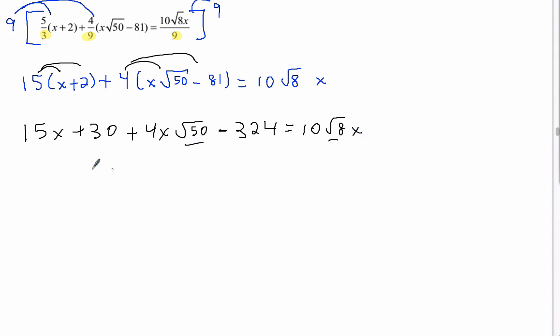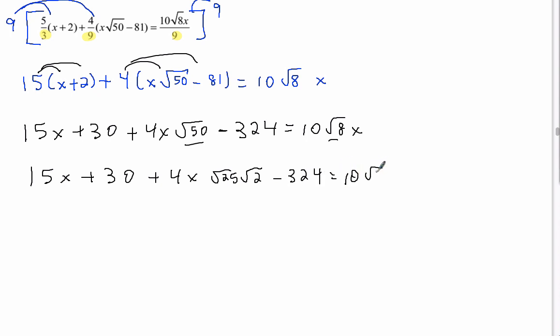We're going to work on these surds now before I collect the like terms. So I have 15x plus 30 plus 4x root 25 from the last unit. 25 and 2 make 50, and 25 is a perfect square. Minus 324 equals 10. The 8 has a perfect square factor of 4, and x.